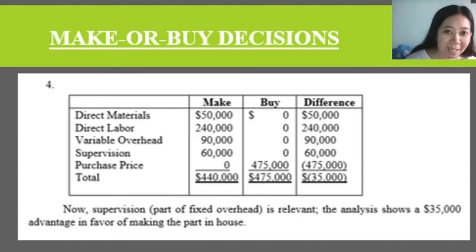Although we have added the fixed cost, the total cost is still cheaper when the company manufactures it in-house. So this is the make or buy decision. Again, relevant costs should be considered, and they are very important in decision making.